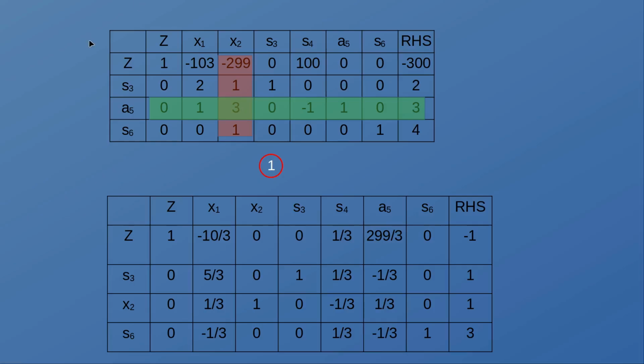So this is row 1, row 2, row 3, and of course this is row 4. Again I repeat, row 1 plus 299 divided by 3 multiplied by row 3. This is going to make all the coefficients in the column of x2 as 0. So let's see how we do these operations quickly with a calculator.